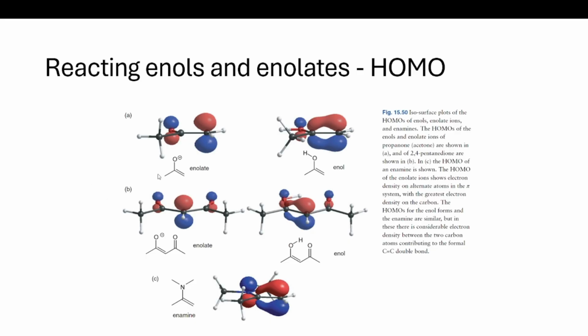And in addition, we're going to have the greatest electron density be on the carbon. The HOMOs for enols and enamines, which are another class of compounds similar to enols, are similar, but there's going to be a bit more electron density between those two carbon atoms.